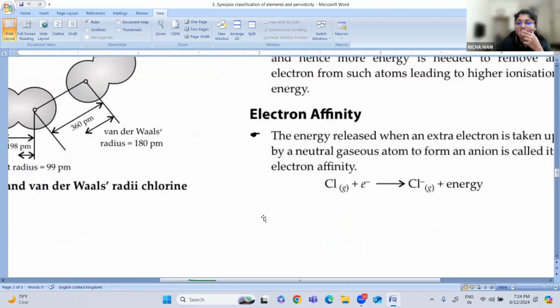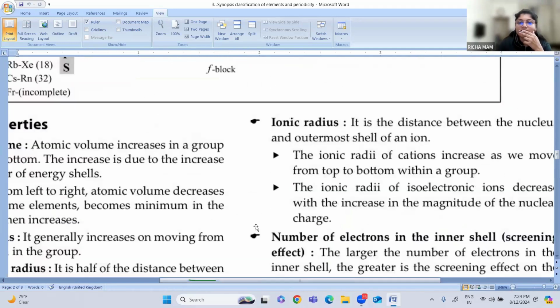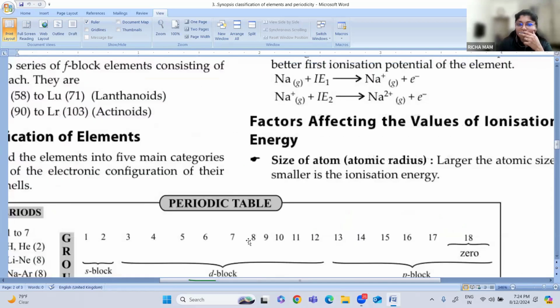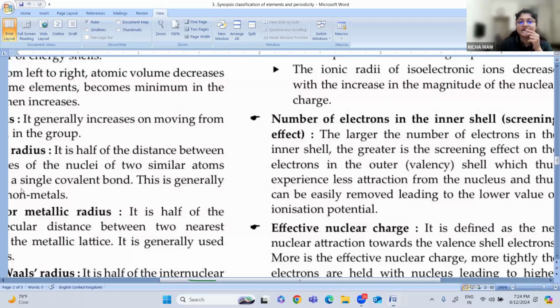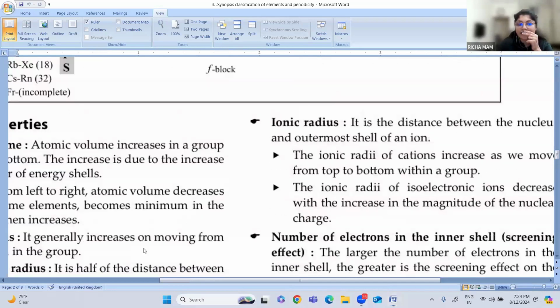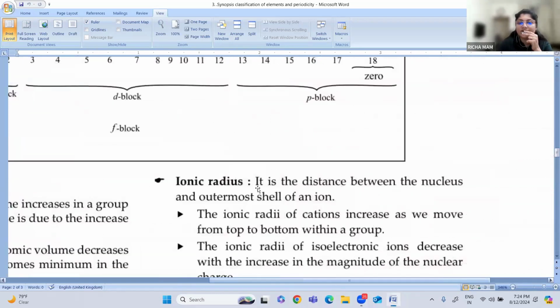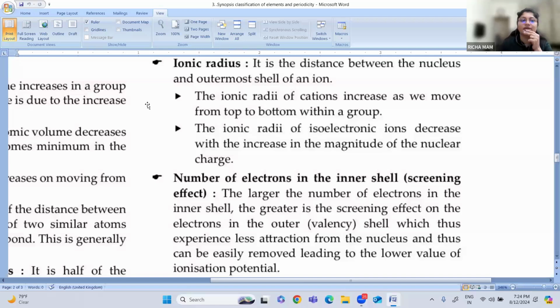Here, all the periodicity properties are important. Next is the ionic radius. Where is this ionic radius present? Suppose I take Na plus and Cl minus.